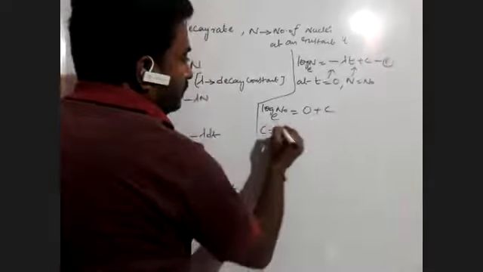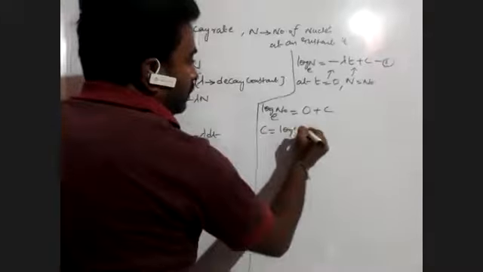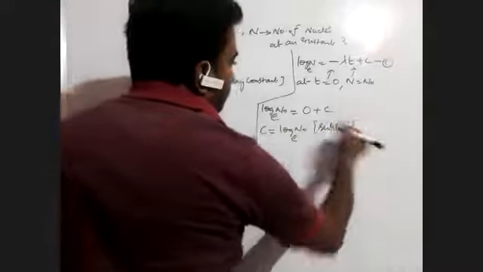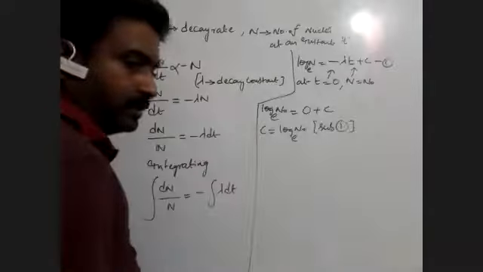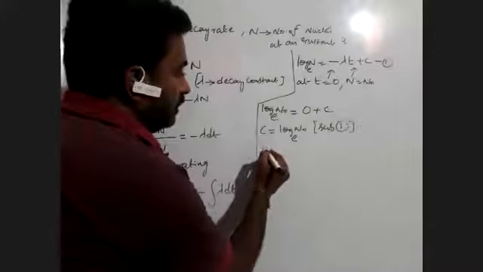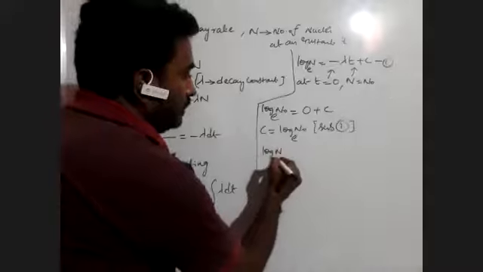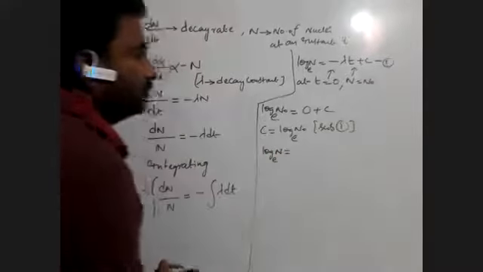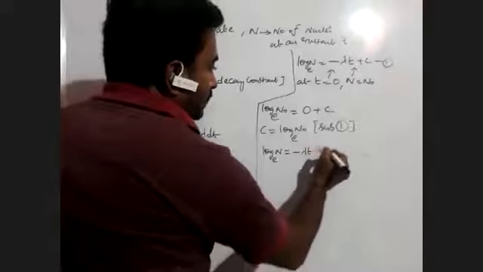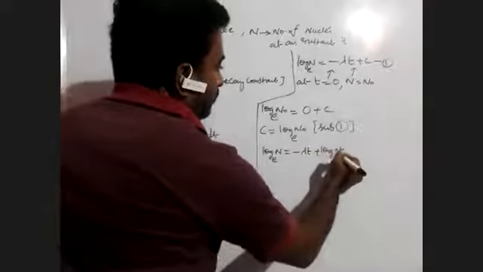Then the value of c is log N naught to the base e. Substituting in equation 1, log N to the base e is equal to minus lambda t plus log N naught to the base e.